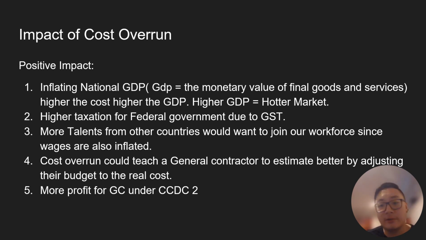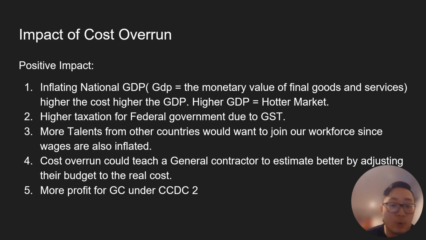GDP is the monetary value of final goods and services received by the end user. So, the higher it costs to build something, meaning our nation as a whole has more GDP. More GDP meaning a hotter market, a better stock market, better real estate market. Our value of land goes up because of that, and that is really a good impact from cost overrun.